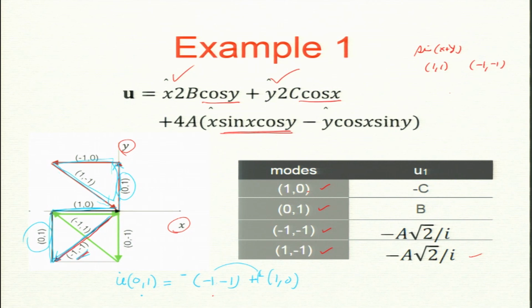So k prime is minus p minus q. So this becomes 1 1 and this becomes minus 1 0. That gives you 0 1. This is one triangle, and there is another triangle, which one? Coming from here, which will be minus of minus 1 0 plus minus of 1 minus 1.